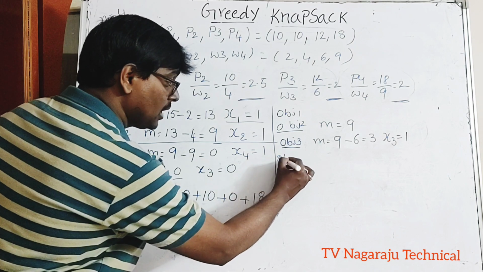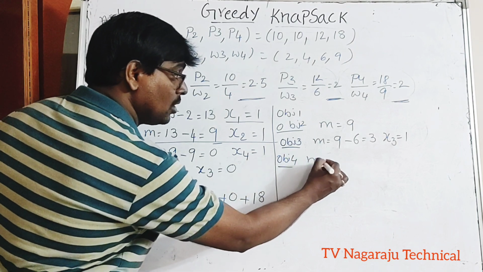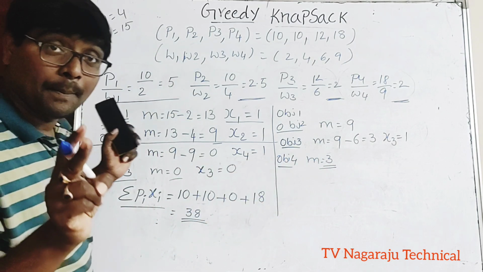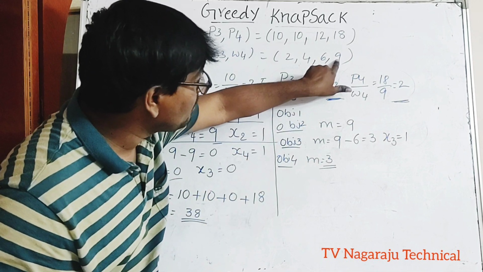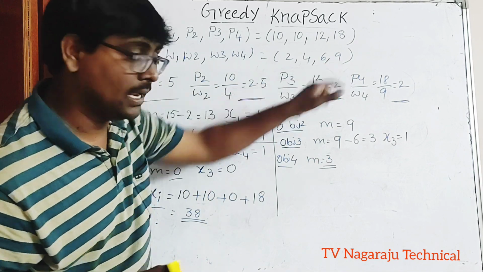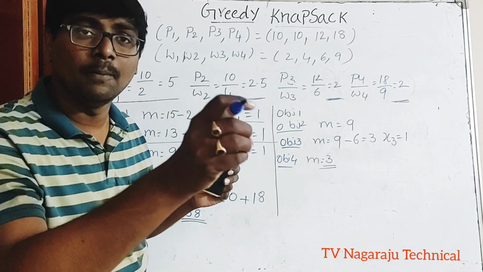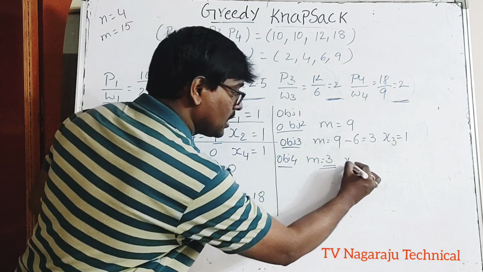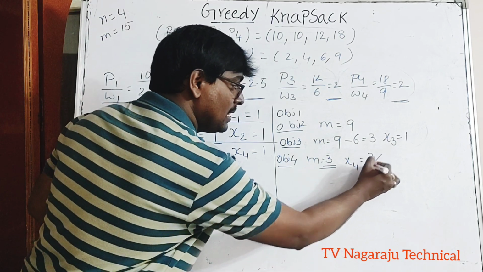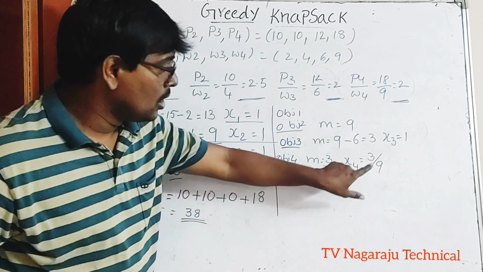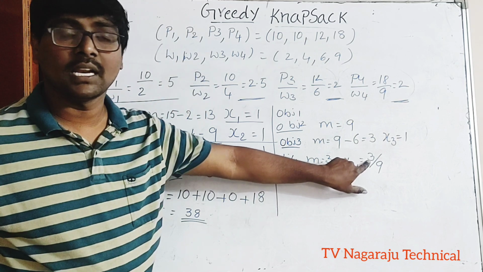Now object 4. M is equal to 3. I have a capacity of 3, but the weight of the object is 9. Is it possible to place the complete object? No. So x4 is equal to 3 by 9, meaning only 3 spaces are available.